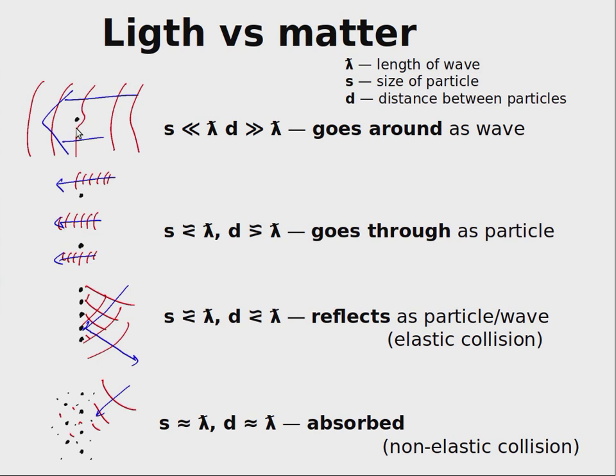For example, if you have very long waves and very small obstacles, like a tree or a single atom or whatever, then long waves or radio waves in this case just go around these obstacles like waves go around some obstacles on the surface of water. They do not interact much, they just go around and that's it.